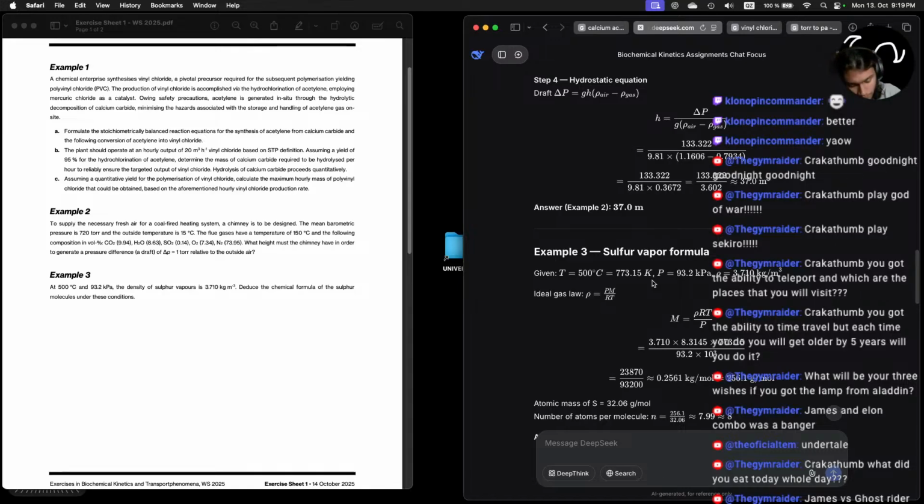Sulfur vapor formula. Let's start with the given data because that helped me understand the question much better.